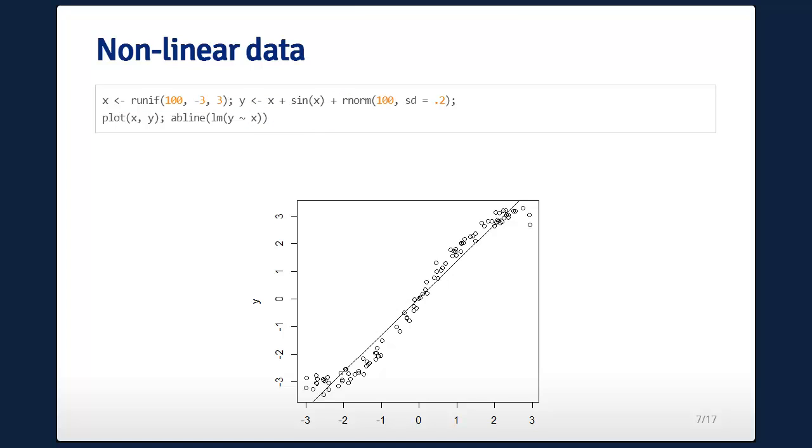So it's not just y = x, and then I add some normal error. Here's my scatter plot and my fitted regression line, and in this plot you can sort of see what's going on. You can tell there's some sort of relationship that we're missing, that sine x part.